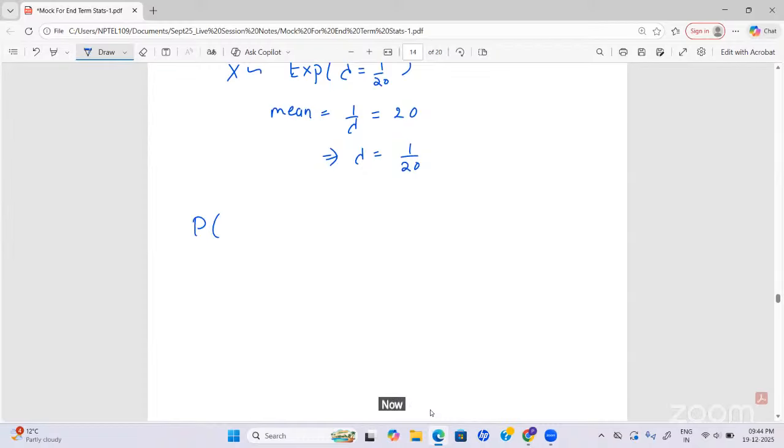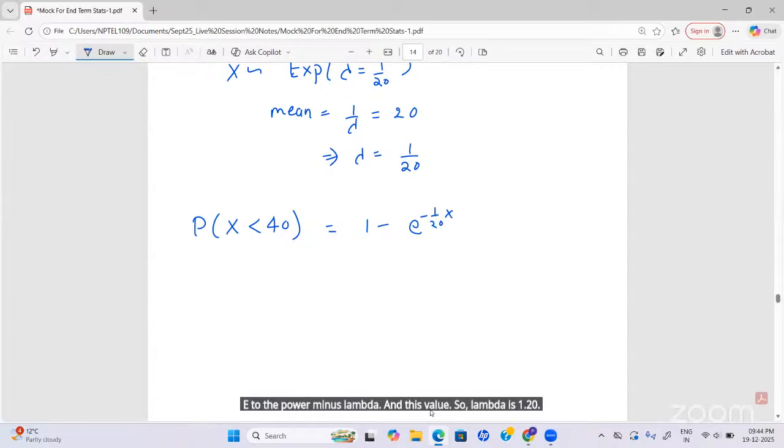Now what will be the probability that X is less than 40? Again, we can use the CDF formula. It will be 1 minus e to the power minus lambda times this value. So lambda is 1 upon 20 and the value here is 40.